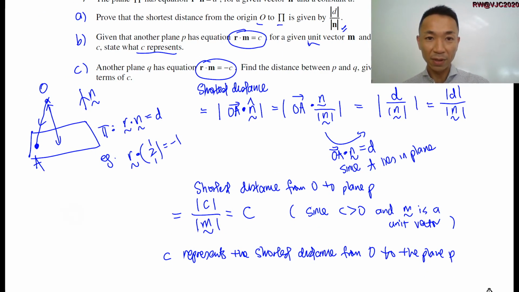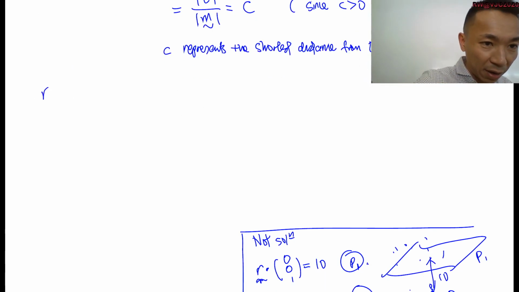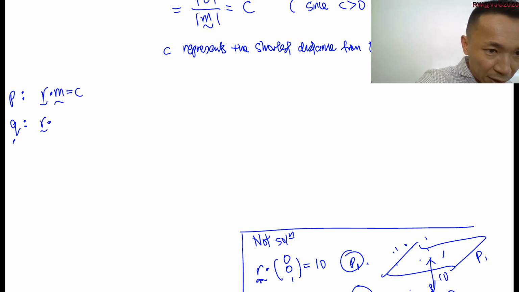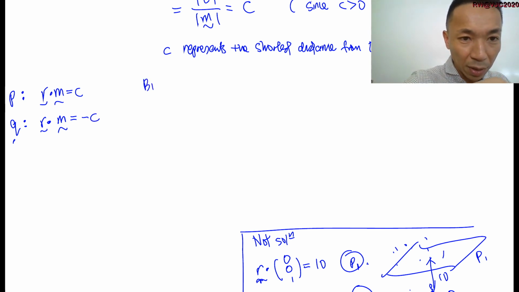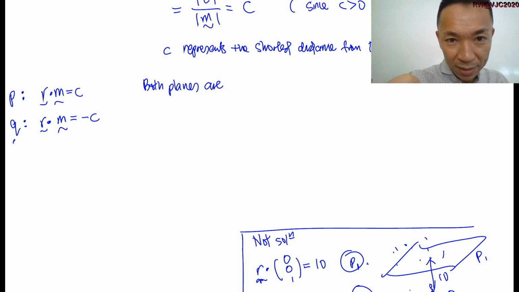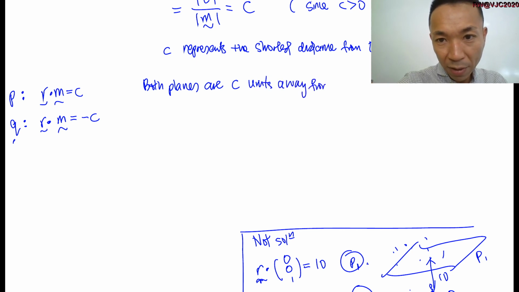You have r dot m equals c. This is what we call P. You've got Q, which is r dot m equals minus c. First observation, both planes are c units away from the origin.